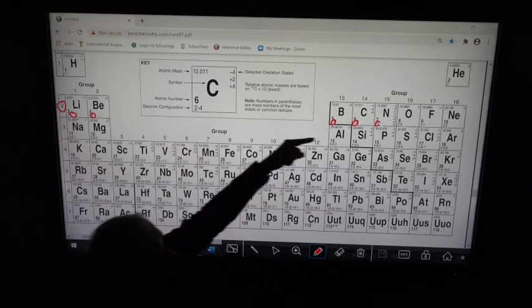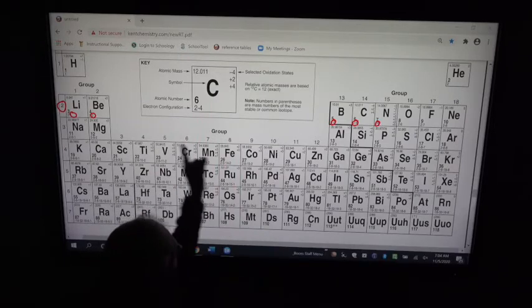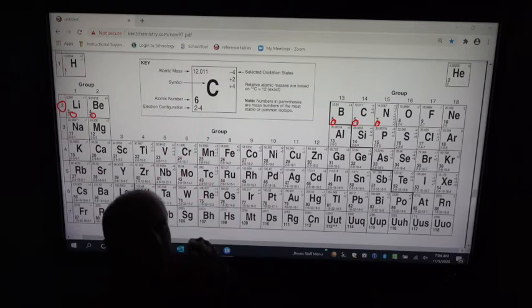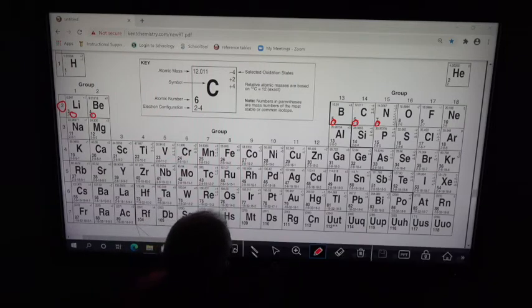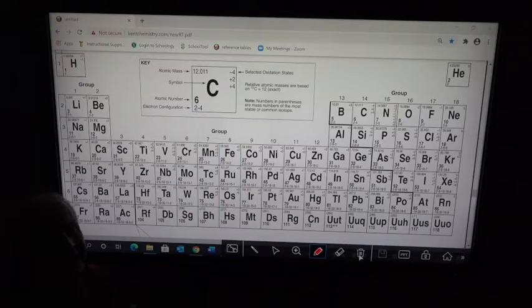Going across, the atomic radius gets smaller because the nuclear charge, or the number of protons, increases. The number of valence electrons increases, and it pulls in the valence shell. That's size.